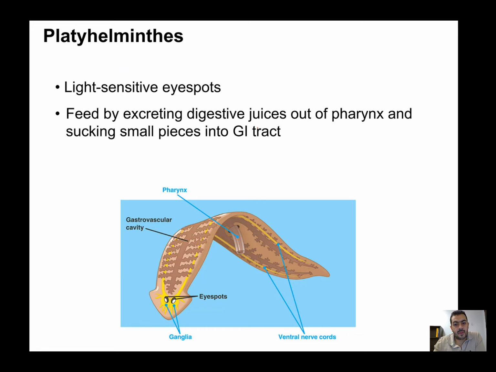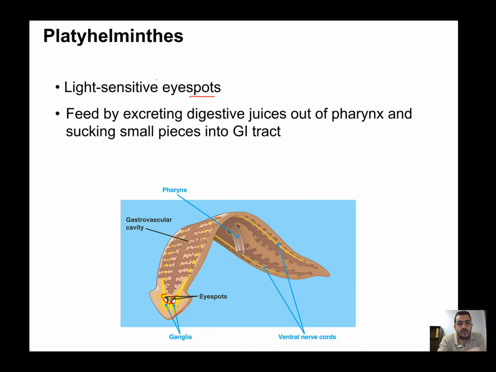So here is a figure showing an example of one of the platyhelminthes, and what we can see is the presence of the head. So in the head we have accumulation of ganglia, so accumulation of neurons, and they are accumulated here in the centralized region. Also they have eye spots.